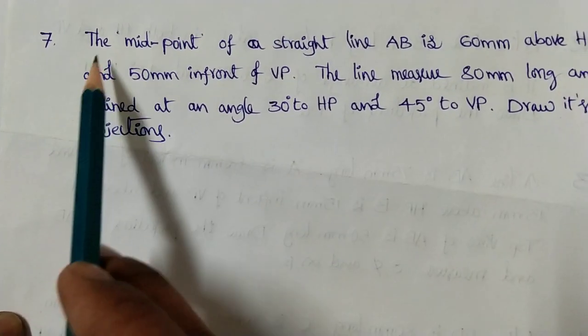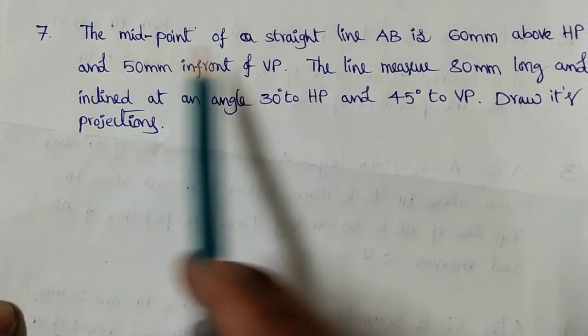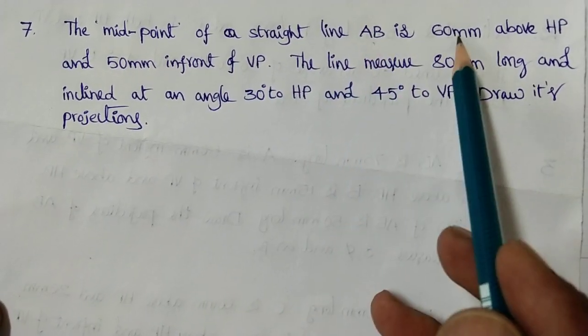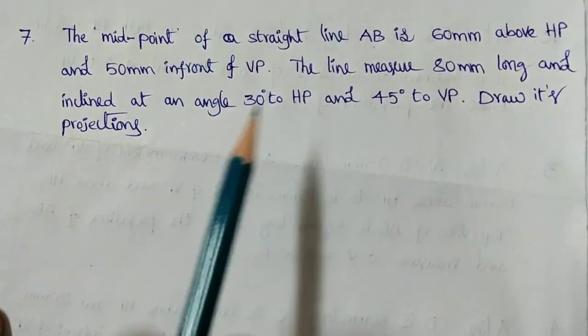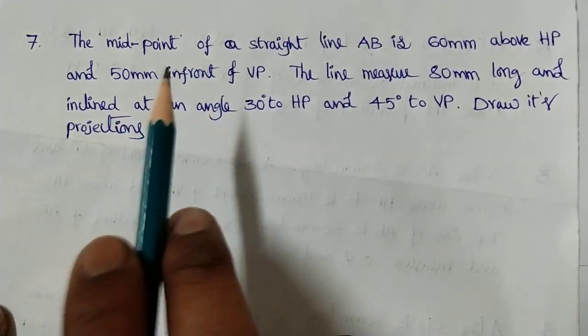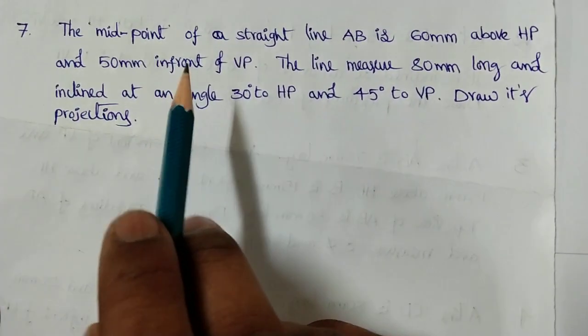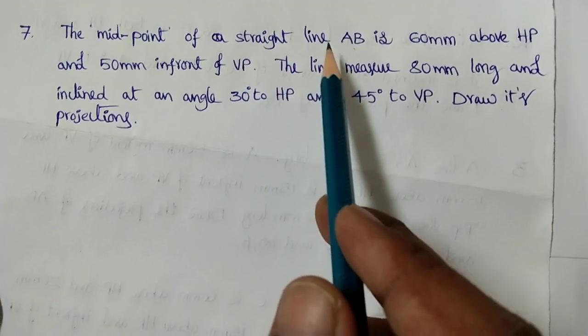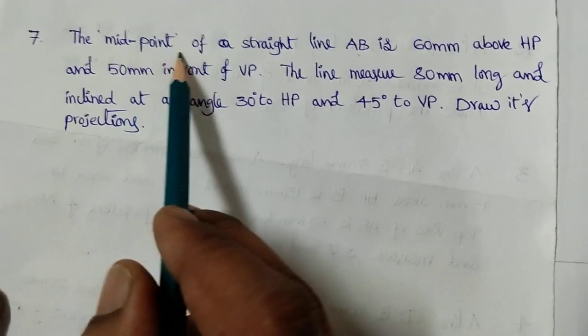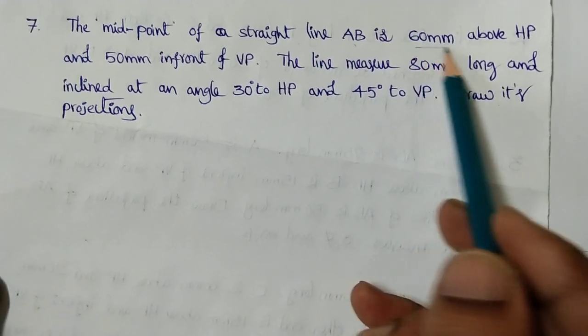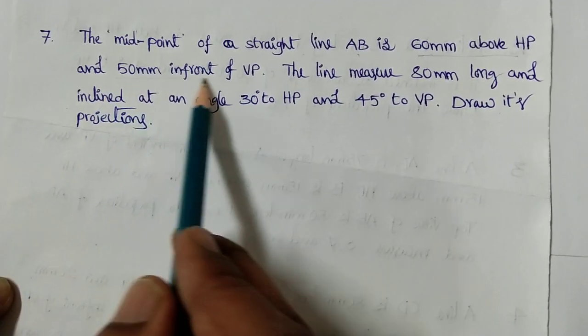If you come to problem number 7, the midpoint of a straight line AB is 60 mm above HP. Up to problem number 6, we have the details of endpoints of the line only. But in this particular problem, we have the details of the midpoint of the straight line. Midpoint of a straight line AB is 60 mm above HP and 50 mm in front of VP.